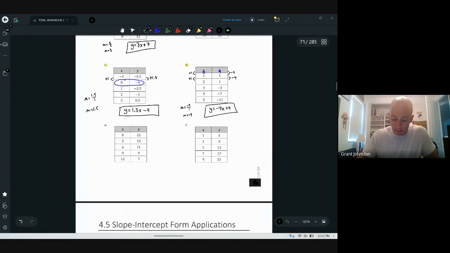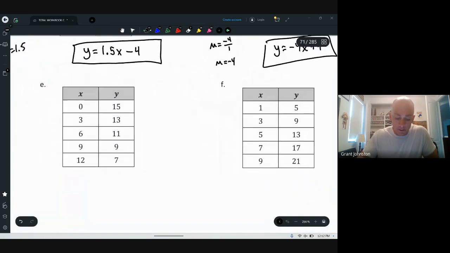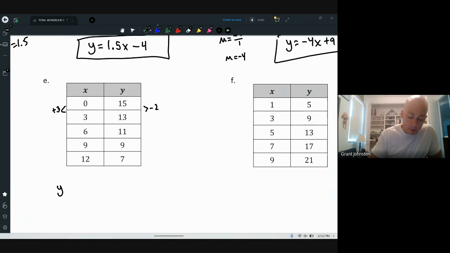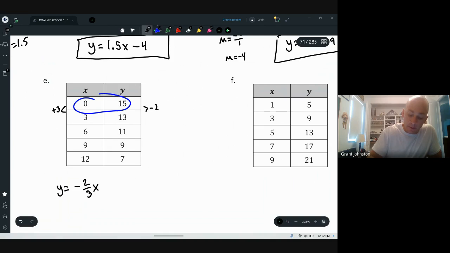Let me talk about E really fast. In E, this is going down 2 by 3. So our slope will just be negative 2/3. And of course, our y-intercept is 15. That one's given to us.